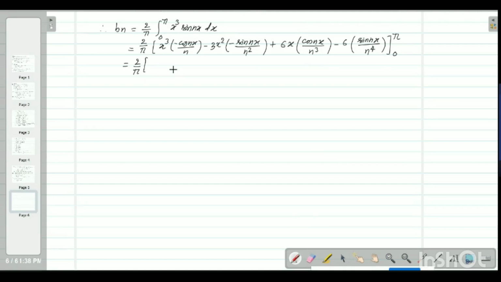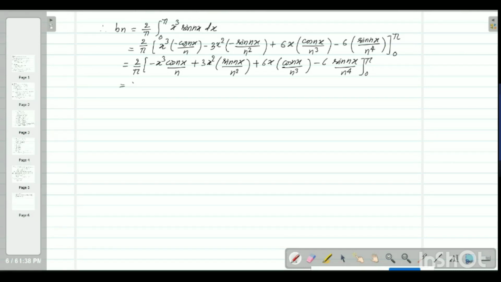First simplify, then provide the limit. So this becomes minus x cube cos nx by n, minus minus goes plus 3x square sin nx upon n square, and plus 6x cos nx upon n cube and minus sin nx upon n raised to 4, and providing limit 0 to pi.